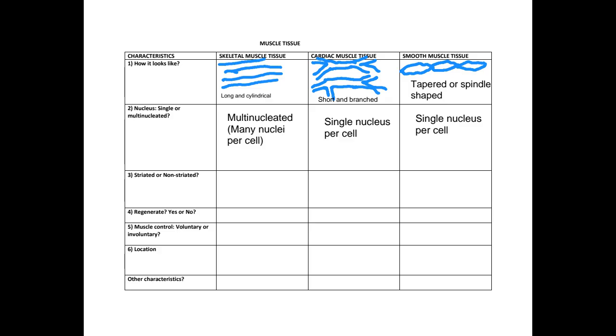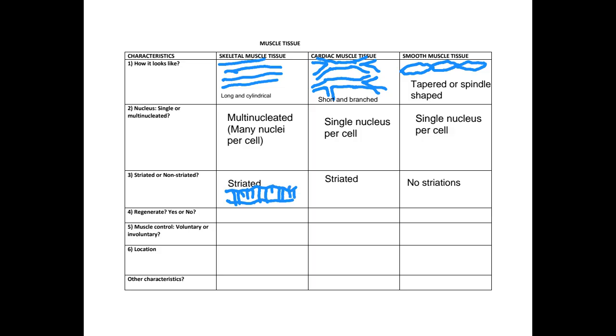Okay, cardiac muscle tissue is going to be striated as well. And then the smooth muscle tissue, it has no striations, so it is not striated. When you look at the skeletal muscle tissue and you draw it, these are striations.